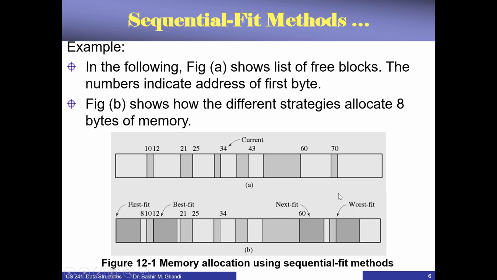The last strategy is called next fit. Here we're going to make some assumption. Assuming the memory manager is currently at this point, at the point that the request of 8 bytes is made, its pointer was here. Maybe it serviced some request earlier on and was positioned here. Now if a request of 8 bytes comes in, it doesn't start searching from the beginning.